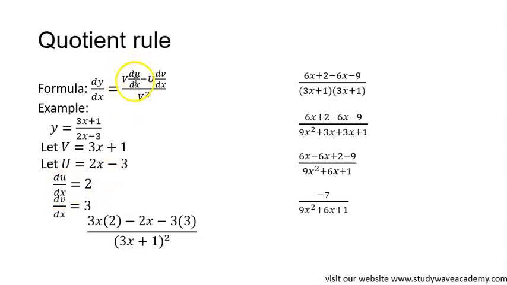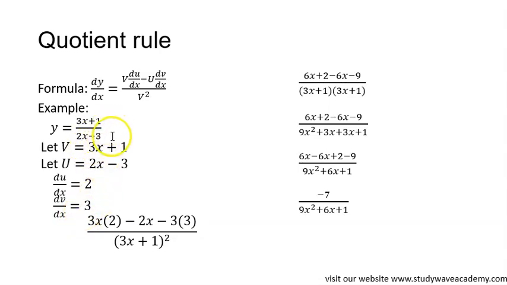Now we have gotten du over dx. Let's look for dv over dx. So we are going to be differentiating v in respect to x. Using the general method, we differentiate this. We arrive at 3. You know how we arrived at 3, right? 1 times 3 is 3.